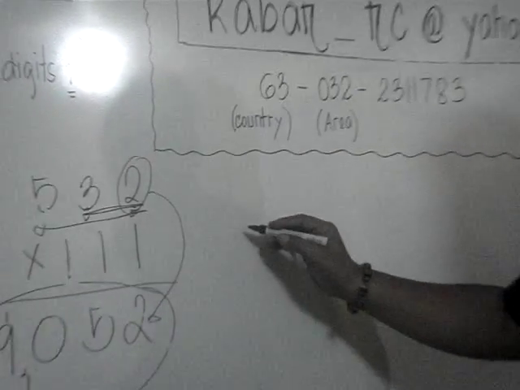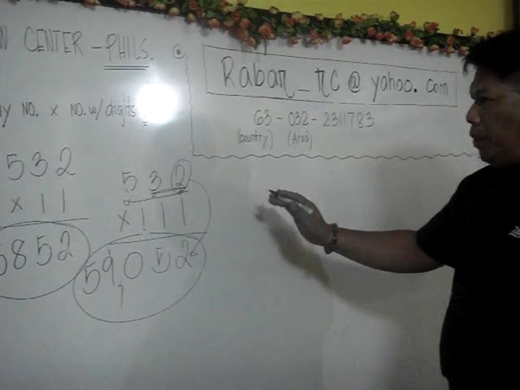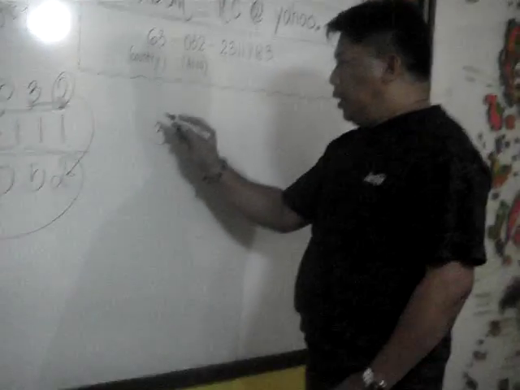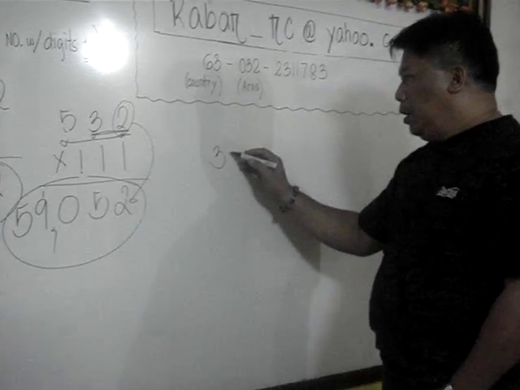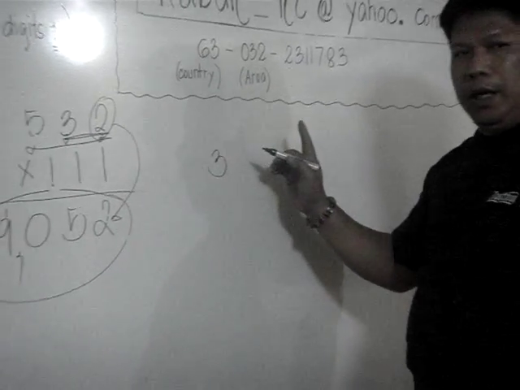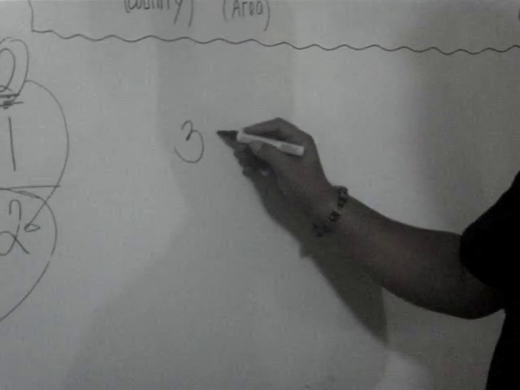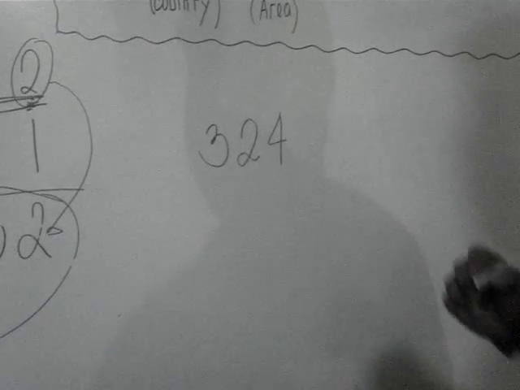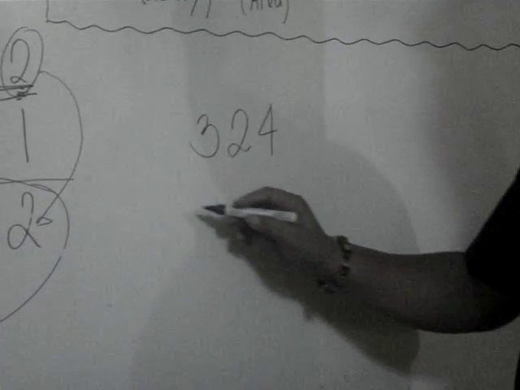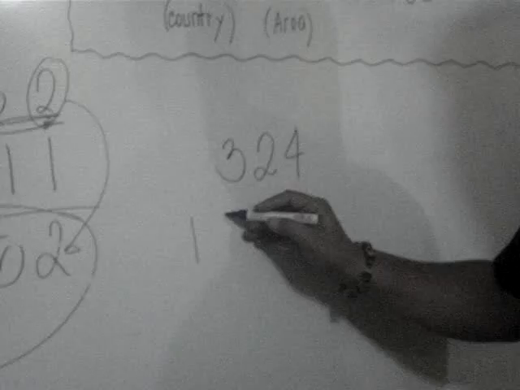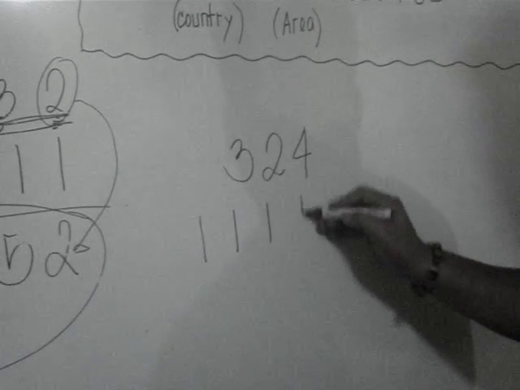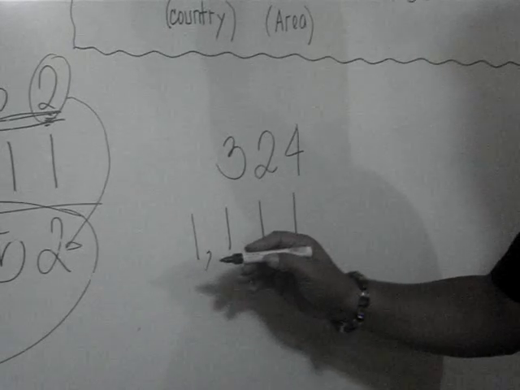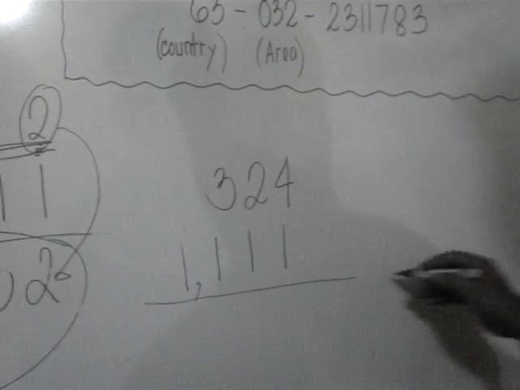Let us have another example. And this time, be careful. This is a special case. For example, if we have 324, this time a bigger number, multiplied by a bigger number that contains 4 ones, meaning multiplied by 1,111.